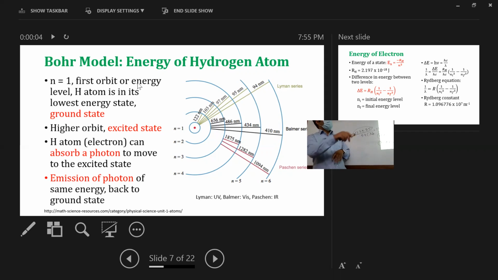So if the electron comes back to the first shell, it will emit exactly whatever energy it has absorbed. If it does not come back to the first shell, it can come back to this one or this one or this one. So from the sixth shell, it can come back to any of these. If it releases some energy and comes back to the second shell, in that case, we will get some radiation.